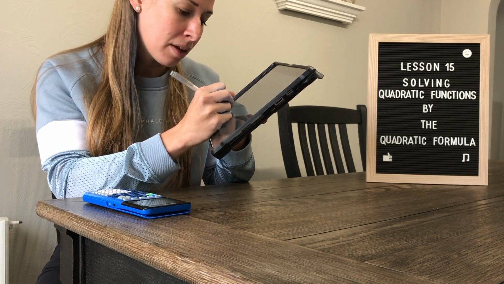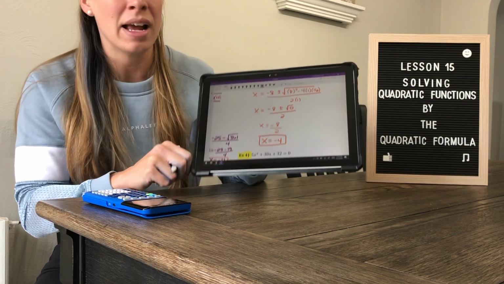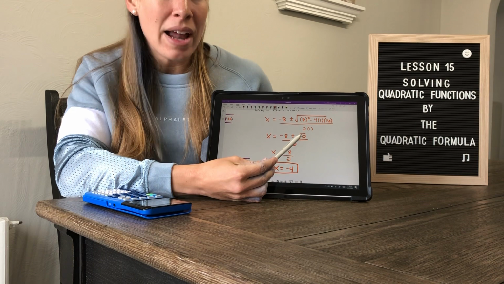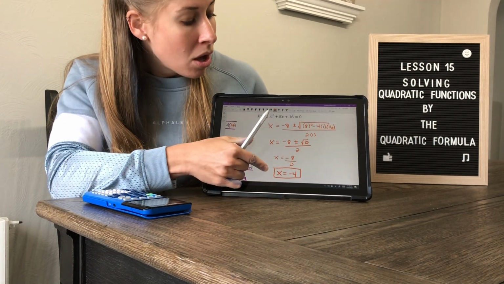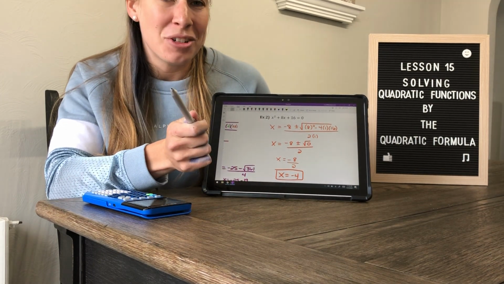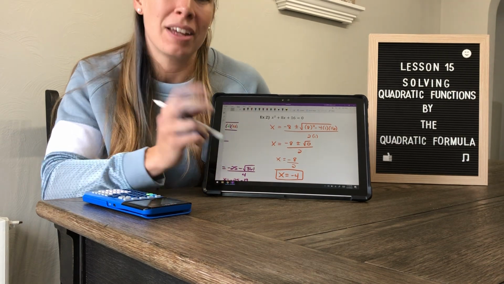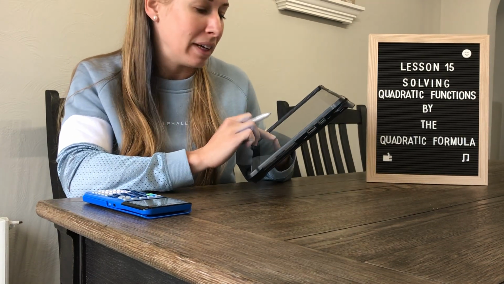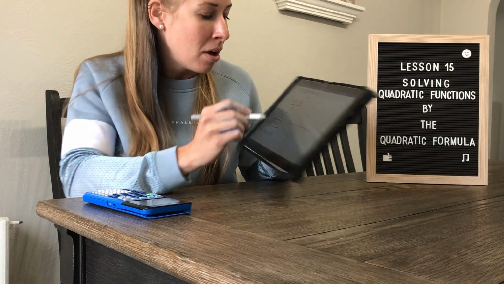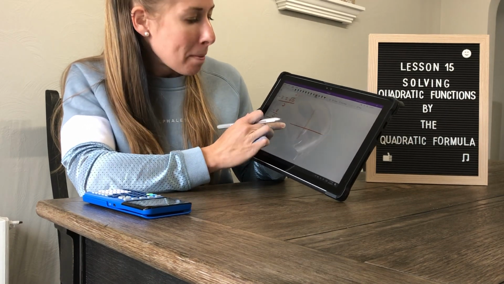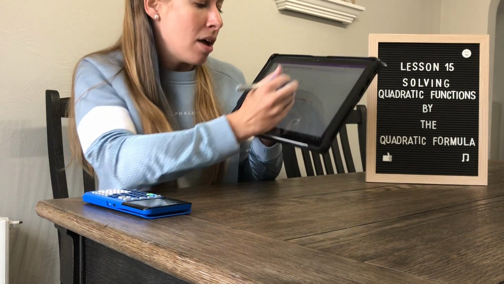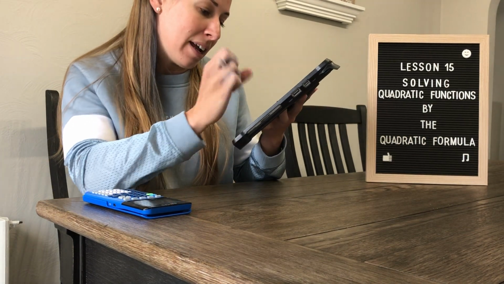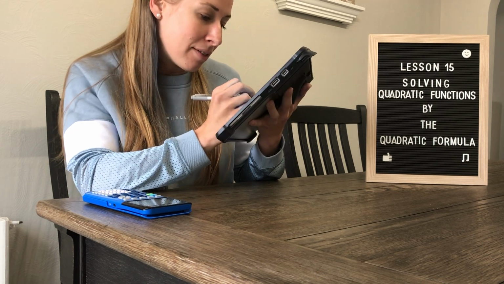So we only got one answer for this one because that radical part gave us a 0. What you should know about this, because I did just reference the fundamental theorem of algebra and saying you should have 2 answers, but this is something that I talked about in class briefly, but if you don't remember, all that means is that you have a vertex that's on the x-axis, and in this particular case, it's at negative 4.